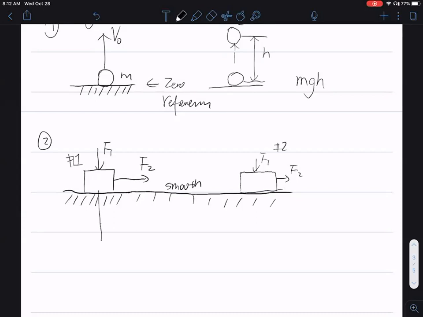And the distance here is called L. So which force? We have 2 forces, F1 and F2. Which force will do work for this case?